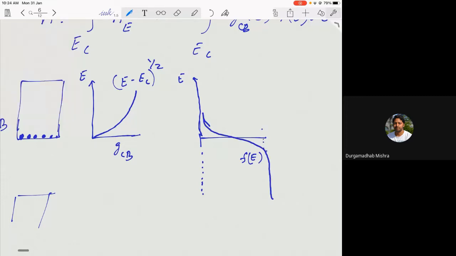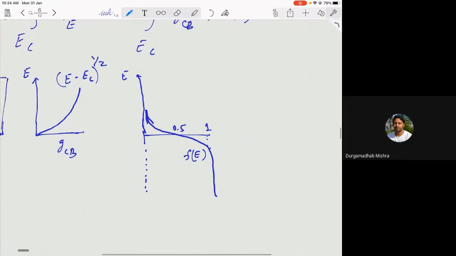This is 1, this is 0.5, and some of the electrons have the probability of occupying states in the conduction band. So this is how f of E would look. Maybe this is not 0.5, it can be a different value because the Fermi level will be somewhere else, but somehow it will resemble this kind of picture.